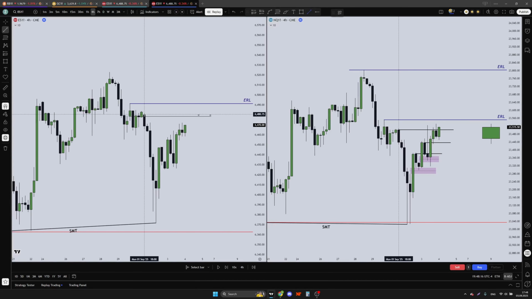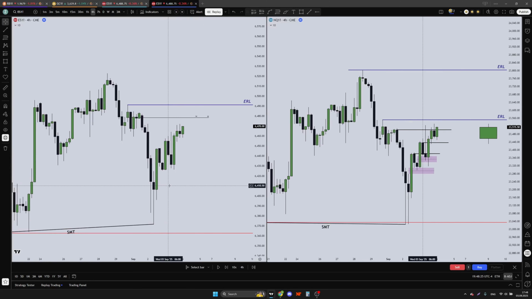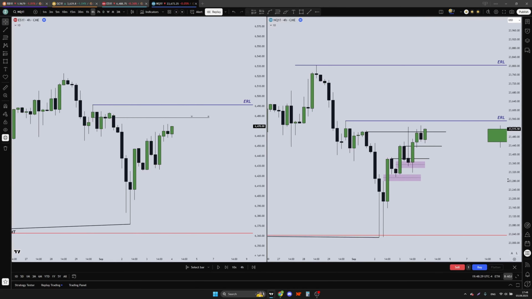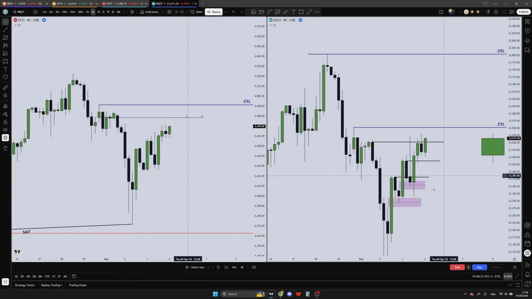On ES, it didn't close through, right? But on the higher time frame charts, it still looks stronger, like on the daily chart. So this is the analysis, right? We're using the daily and 4-hour chart to get the directional bias, and so far it looks really bullish.